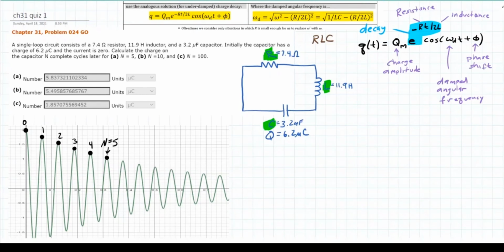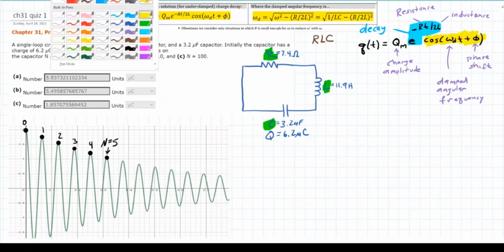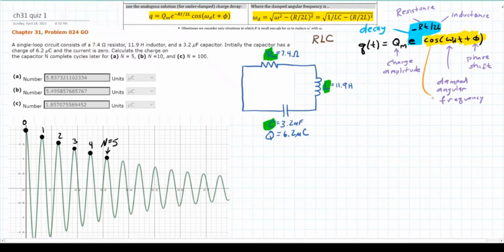This term right here is my bouncy part. Let me more officially say this is my oscillating term.